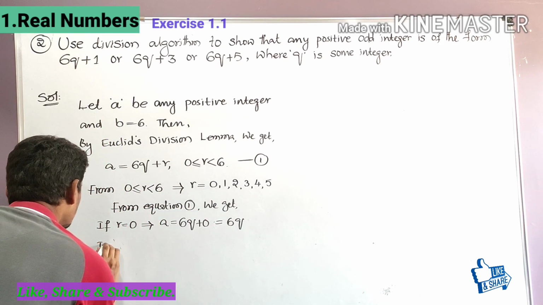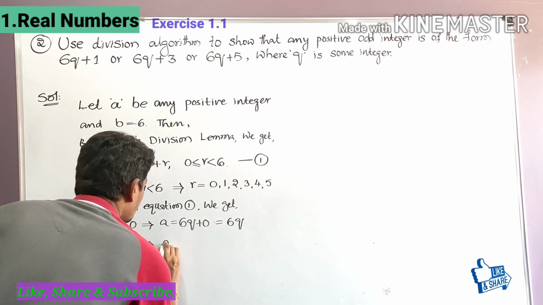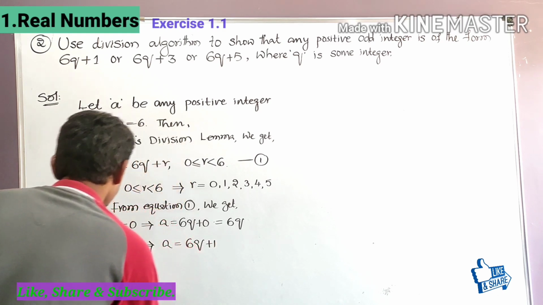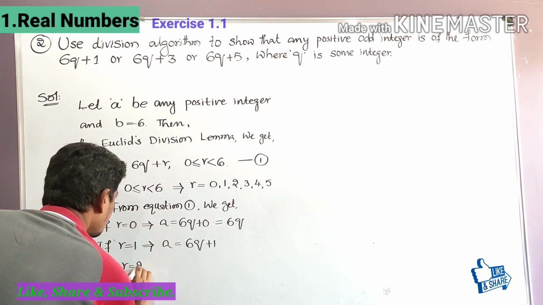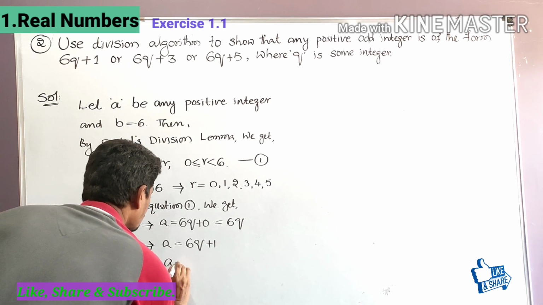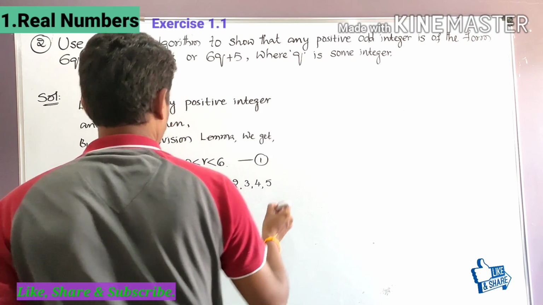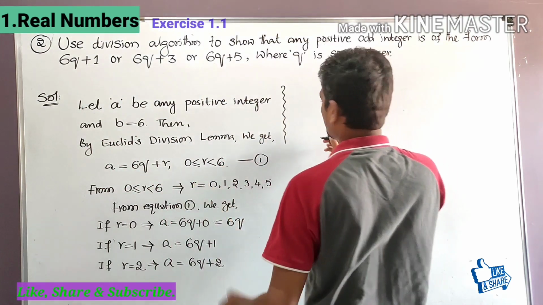If r is equal to 1, then a is equal to how much, student? a is equal to 6q plus 1. If r is equal to 2, then a is equal to 6q plus 2. If r is equal to 3, in the same way, student, we have to substitute r values in equation 1.